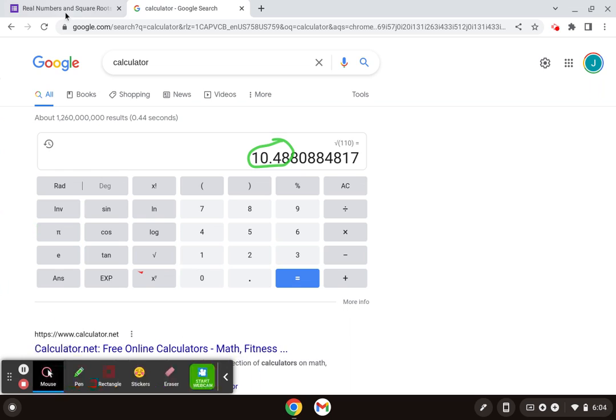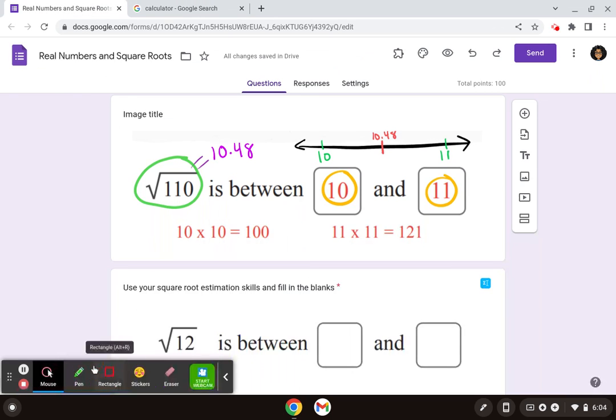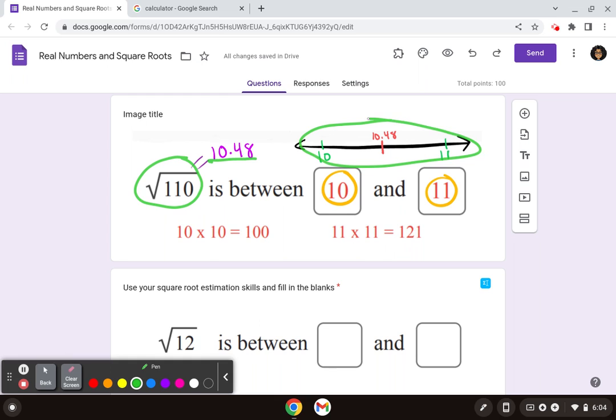So I wrote down 10.48. That's going to fall in between 10 and 11 on a number line. So that tells me my answer is 10 and 11.